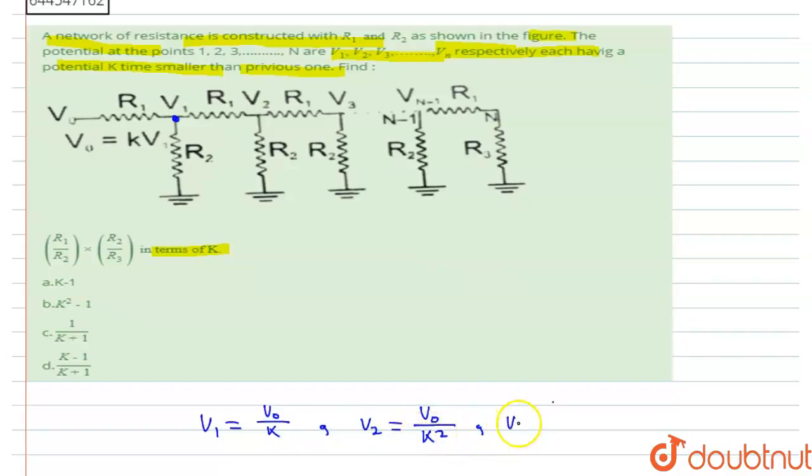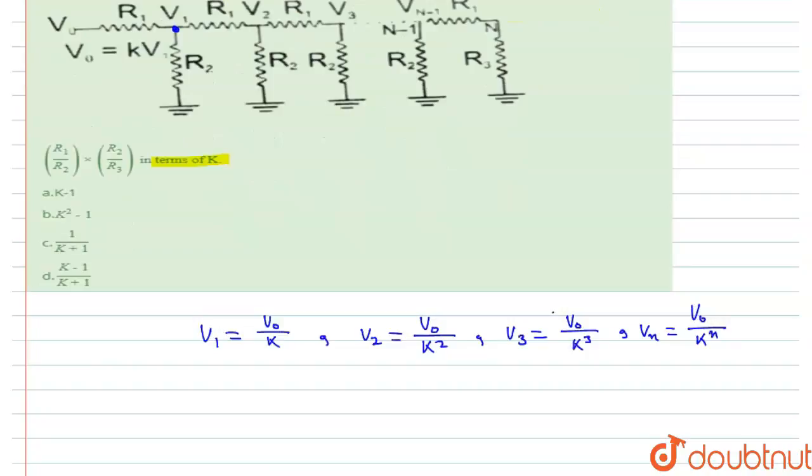And V3 is equal to V0 divided by K to the power 3. And we can write Vn is equal to V0 divided by K to the power N. This is given in the question.